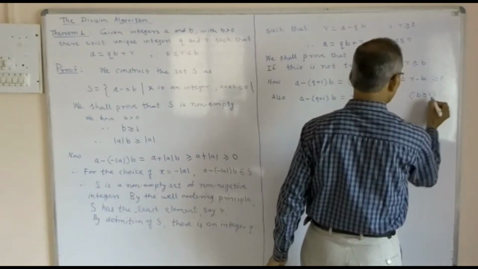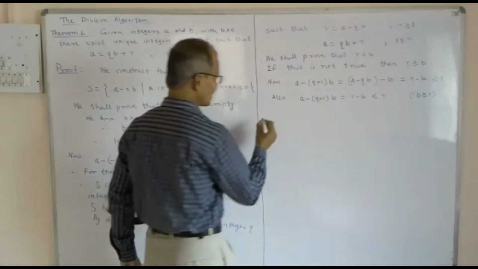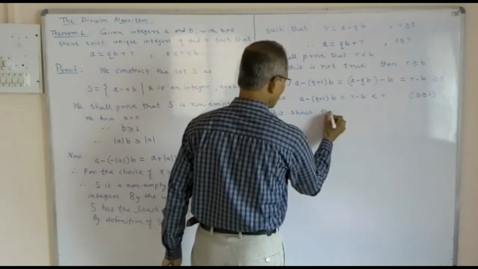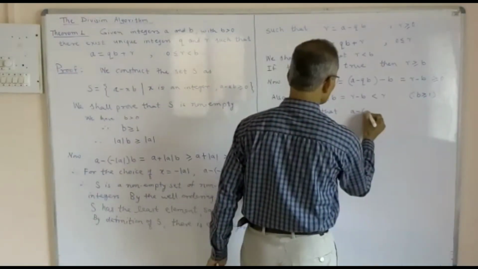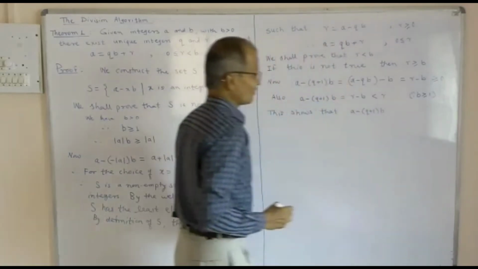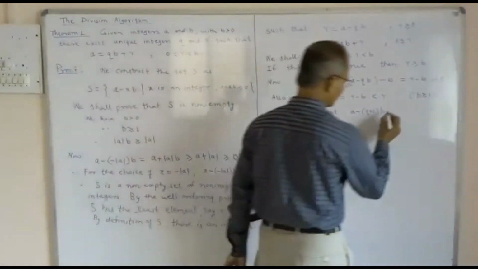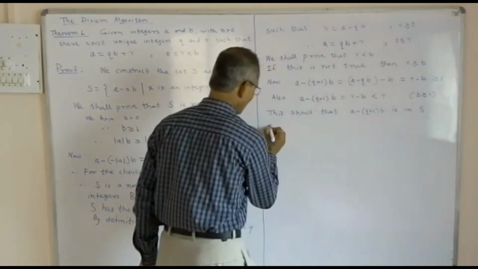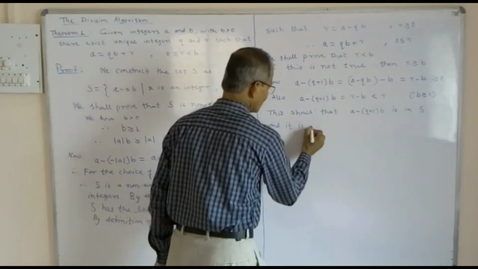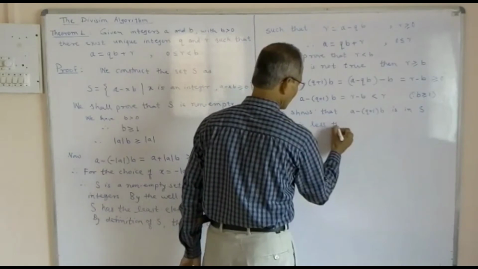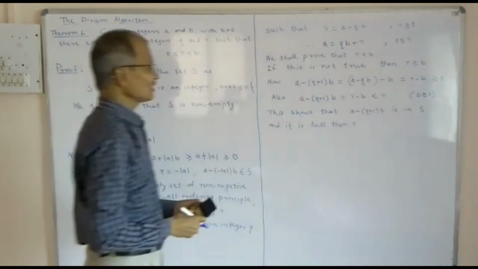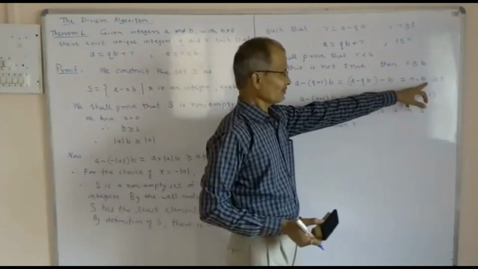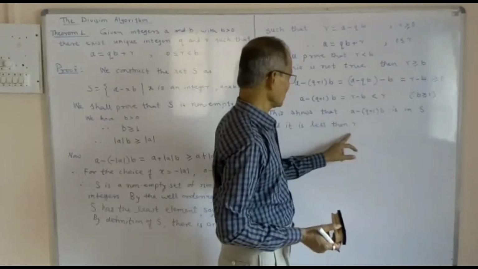And what does this say now? This shows that the number A minus (Q plus 1) times B is in S, and it is less than R. This number belongs to S, and it is less than R. So the above statement shows it is in S, and the below statement shows it is less than R. Now this is a contradiction.